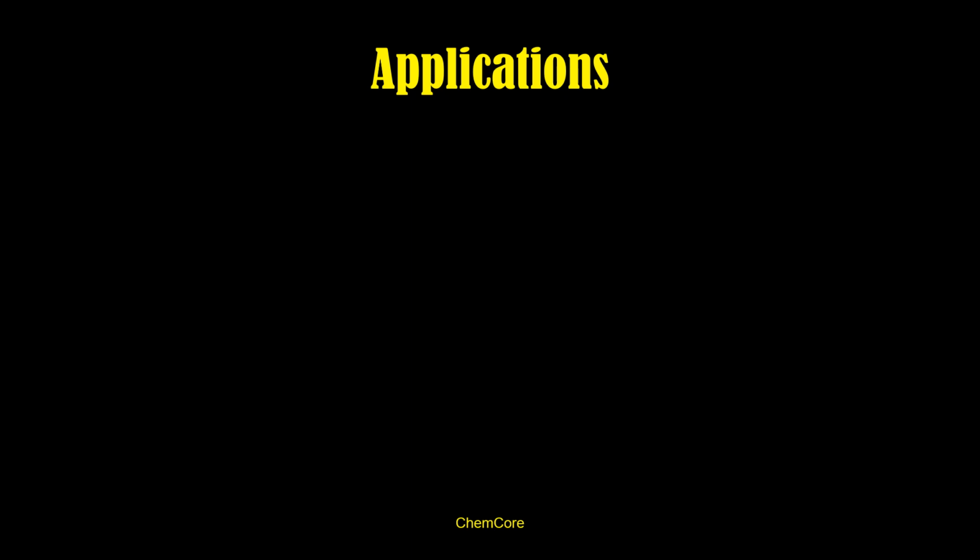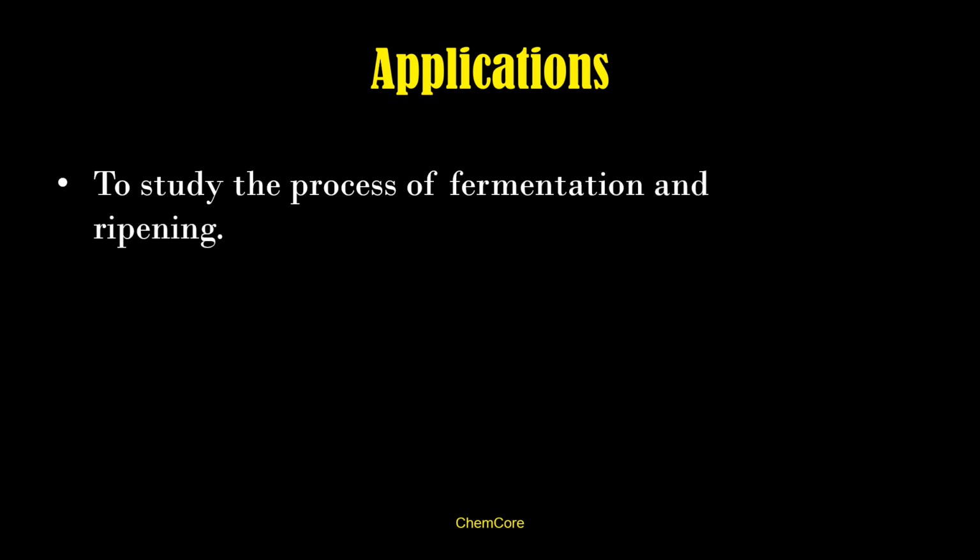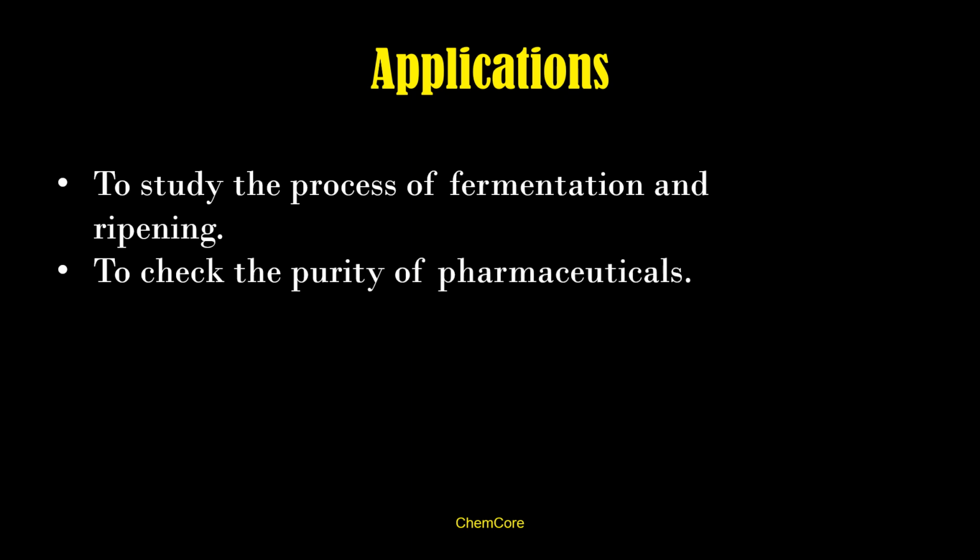Last पे chromatography की applications हैं. What are its applications? It is used to study the process of fermentation and ripening. Means कि जो process है उसकी कितनी progress हो गई है ये देखने के लिए हम इसे use करते हैं. To check the purity of pharmaceuticals, purity check करने के लिए.